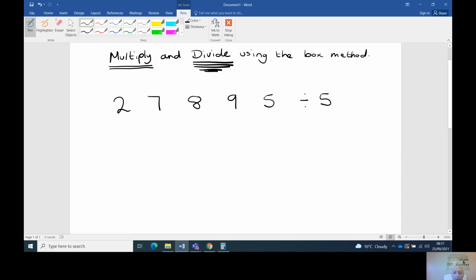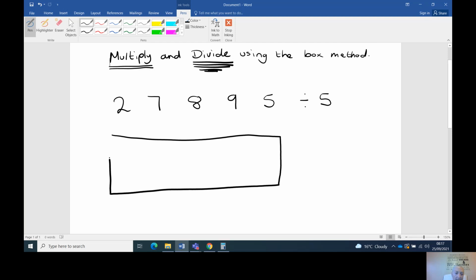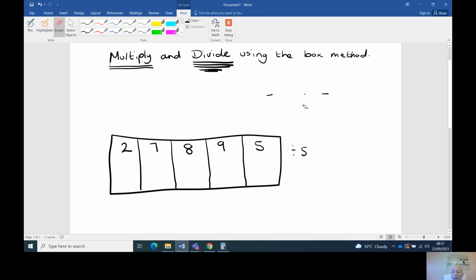So 1, 2, 3, 4, 5. Not very straight at my lines, am I? And you don't have to be, you don't have to use a ruler in the exam. Just do it as quick as you can. So, inside. 2, 7, 8, 9, 5 divided by 5.